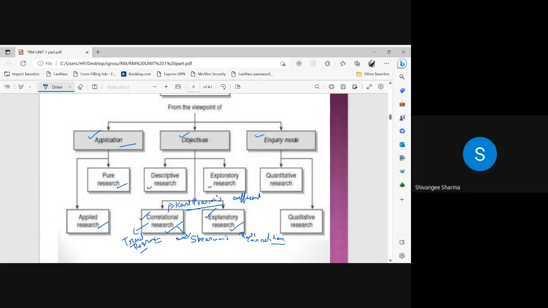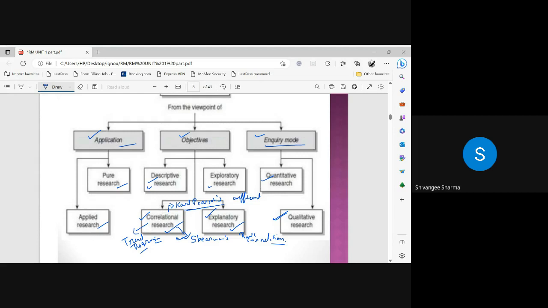The next thing, the viewpoint for analyzing research is inquiry mode, in which we have quantitative and qualitative research. And your research can be descriptive and qualitative, or descriptive and quantitative, meaning it can be a combination of these.